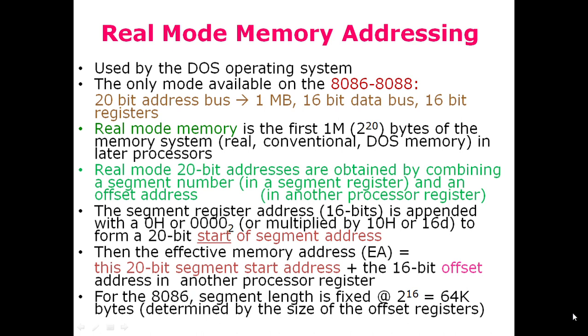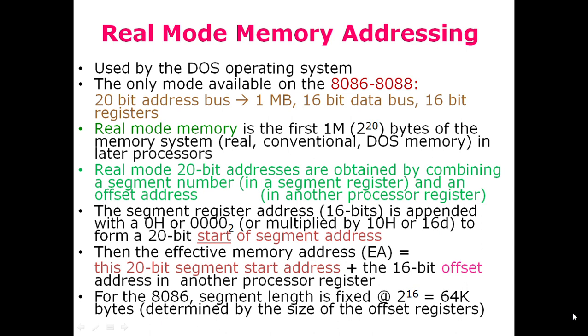So in real mode memory addressing, the segment size is fixed at 64 kilobytes, and the 4-bit logical left shift allows us to define segments only at particular addresses. You cannot define segments at arbitrary memory addresses.